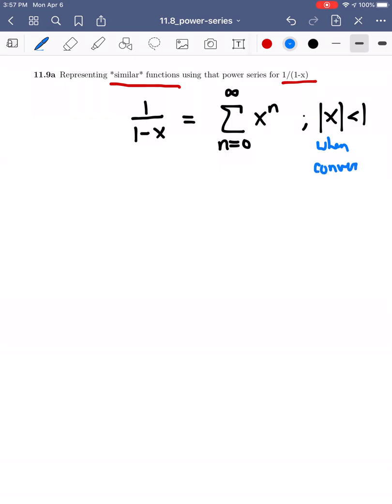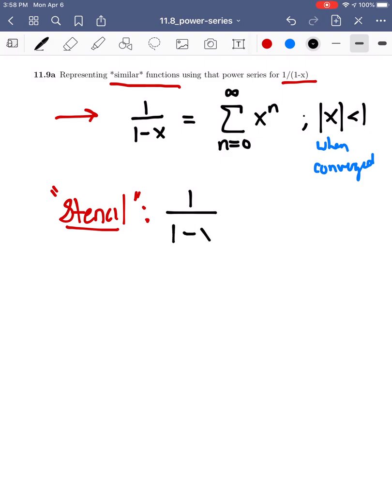So the first idea I want to introduce us to is basically using this particular series and function to figure out other power series representations for functions very similar to 1 over 1 minus x. And the idea I want to draw us to is this idea of a stencil, just like we had in art class. We're going to take a look at this function, 1 over 1 minus x.